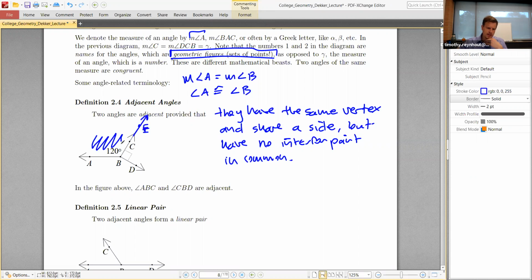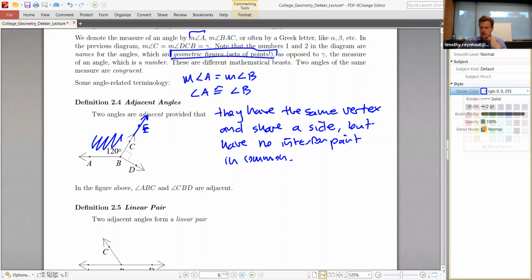If we had point E here and we wanted to talk about angle ABC and ABE, they would actually be referring to the same angle, although named differently. So we wouldn't say that those two are adjacent, they're the same angle. And that's what this second part is clarifying.